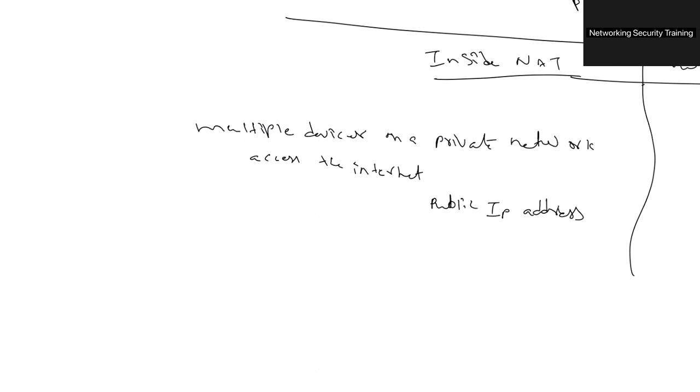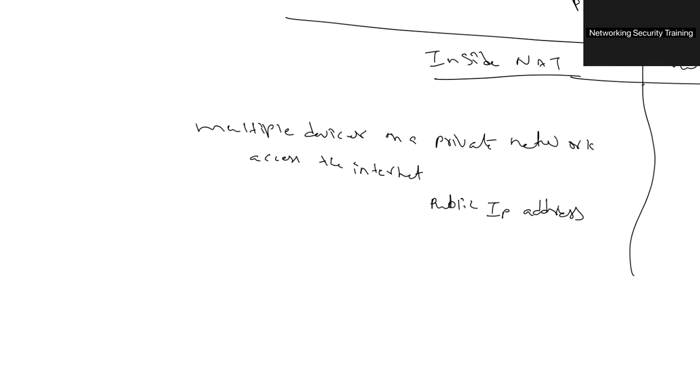When a device inside the private network sends a request to the internet, NAT translates the private IP address to the public IP address.